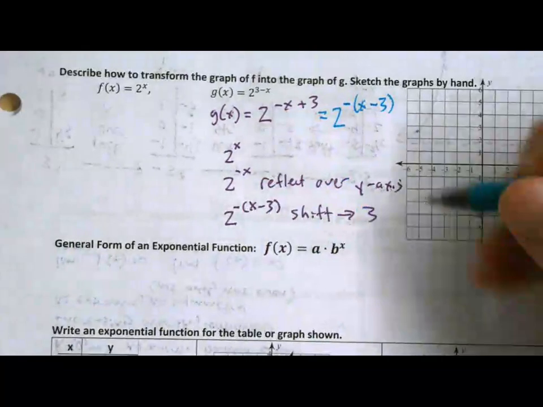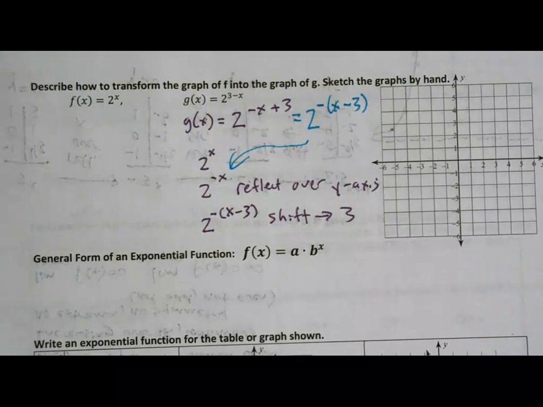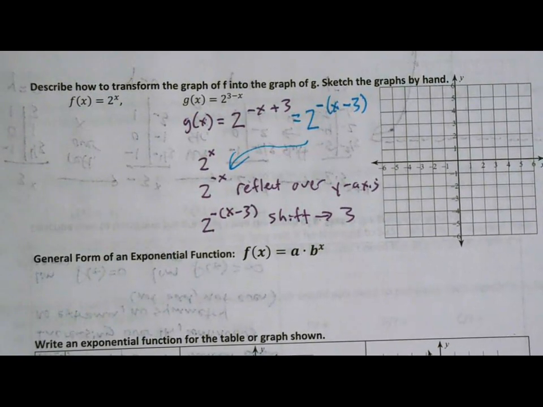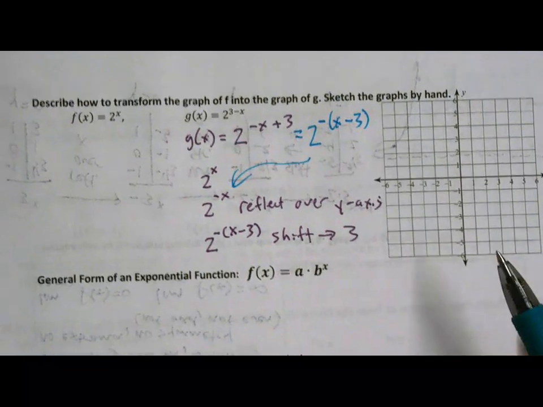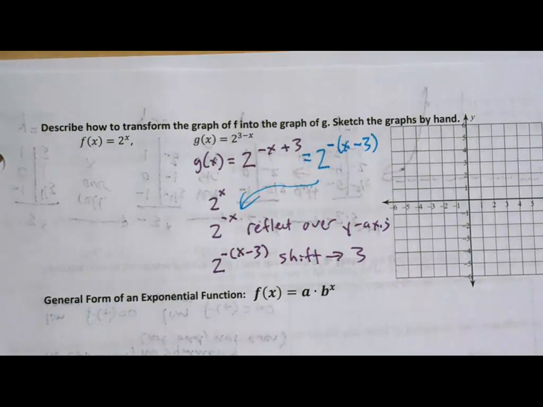Then we could have just gone this path to get to that final answer, instead of having to think backwards about it. So my hint to you is, if there's a coefficient on the x and you're adding or subtracting something, factor that coefficient out, and then you can shift last.